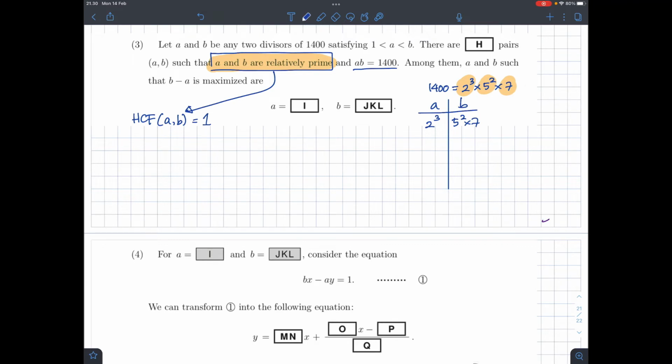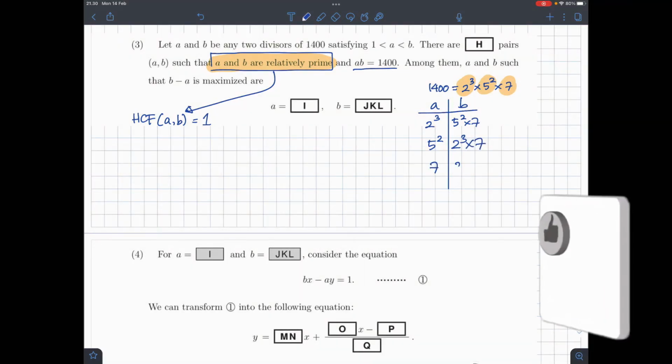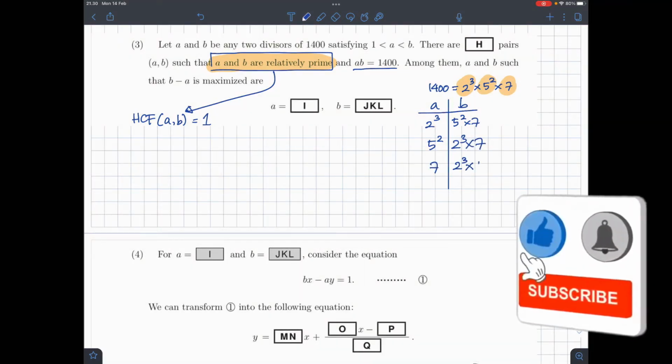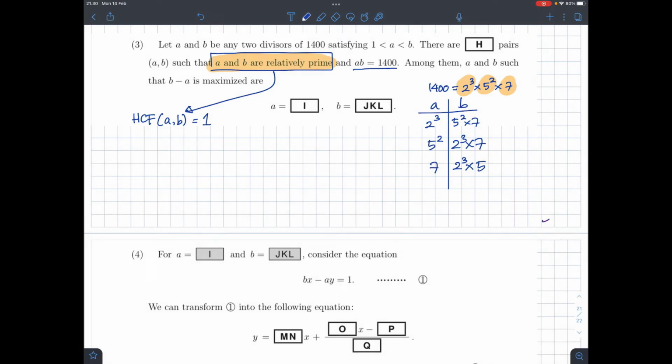So this is the first pair. The second pair is this one, and the last pair becomes here.